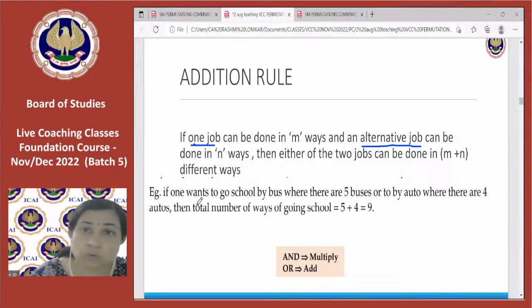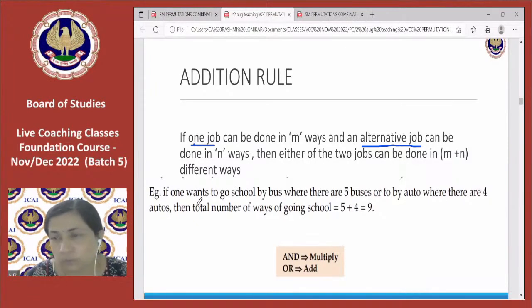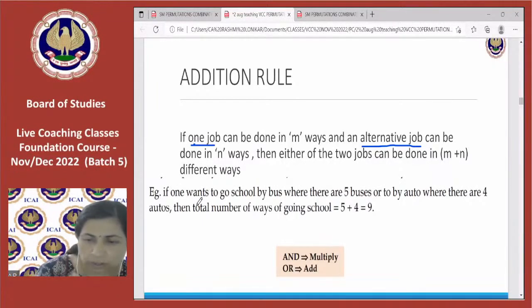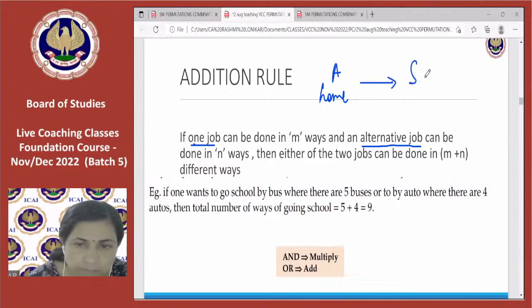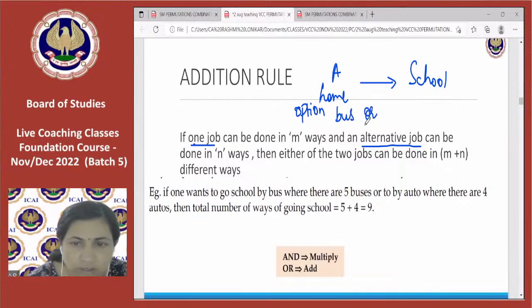Now I also want to know, do I have to travel by bus or is there a rickshaw available? The important thing is for A to go from home to school. So now he has an option: he can take a bus or a rickshaw.